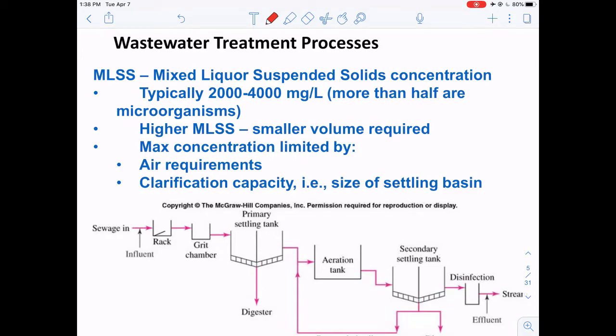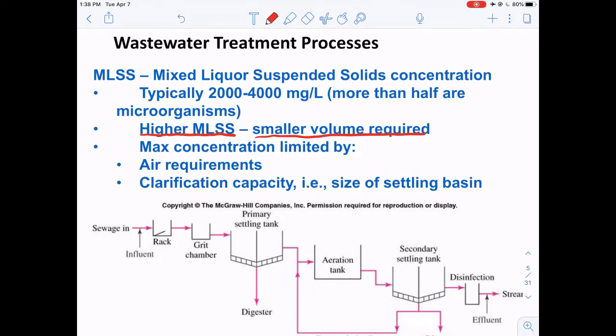The higher the MLSS, the smaller the volume we will require for the aeration tank, mainly because if we can process more polluted species, more organics in the water, then we just need a smaller aeration tank.